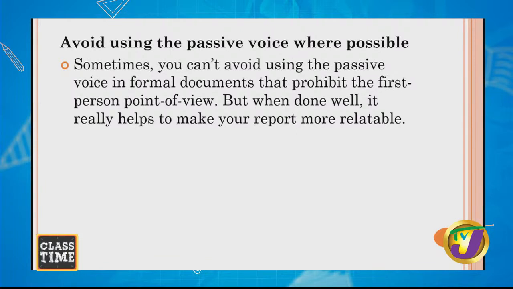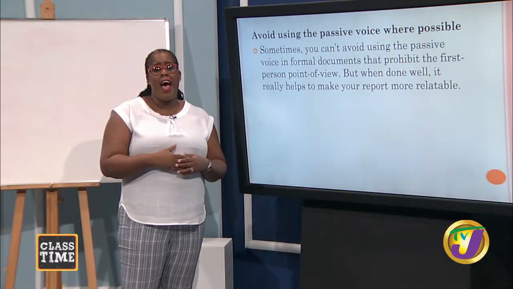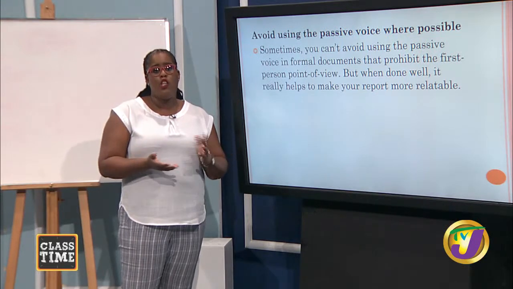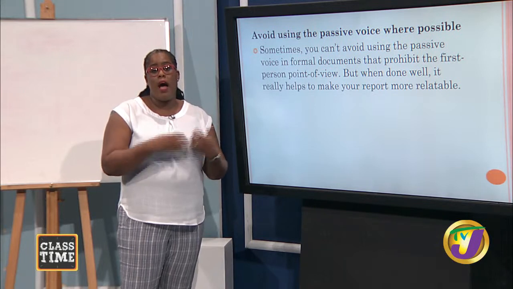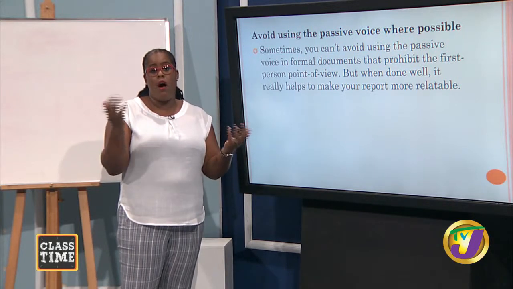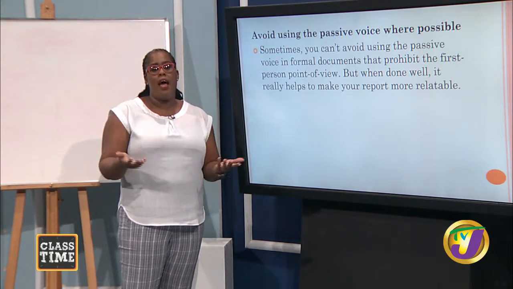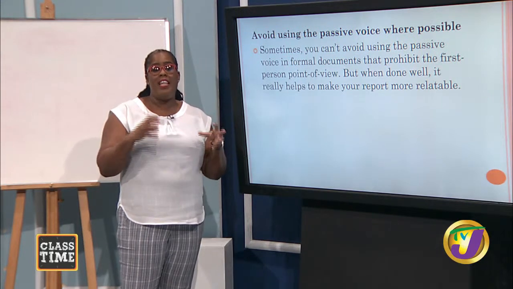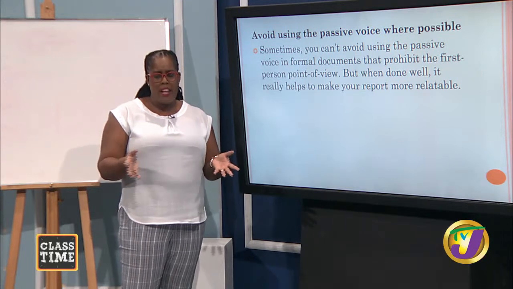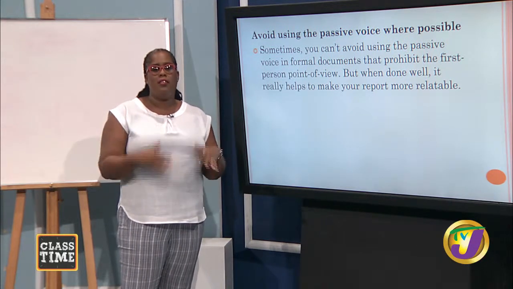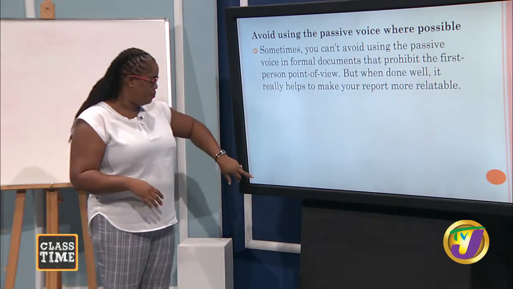All right, so you want, as it mentions here, your report to be more relatable, right? The person who is reading it can relate to it. They understand it and it is clear to them, right? So you want to use the language that is able for them to do that, right? For them to understand it. So you use the language that will facilitate the person reading it to understand it fully, right? So as we keep on mentioning, the simpler, the better.